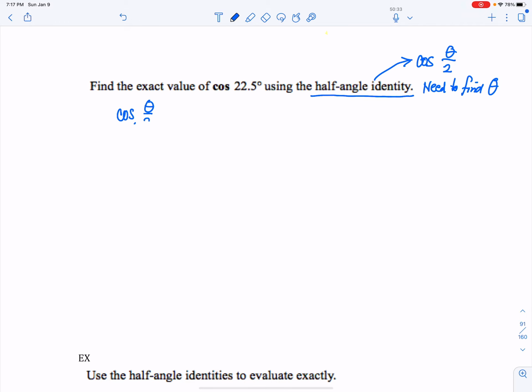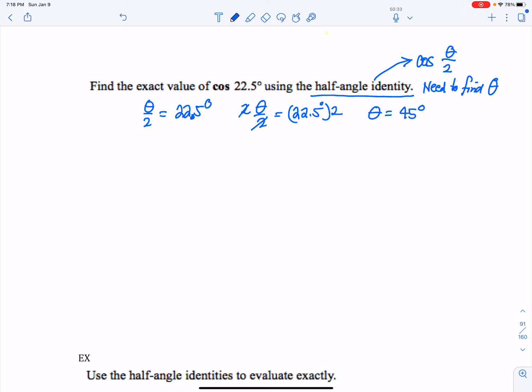Cosine of the half angle equals 22.5. Or let's just deal with the half angle. If I want to isolate theta by itself, all I need to do is multiply both sides by 2. When I do that, I get 22.5, and I multiply that by 2 to get 45 degrees. So theta equals 45 degrees.